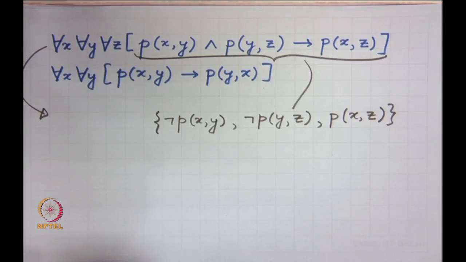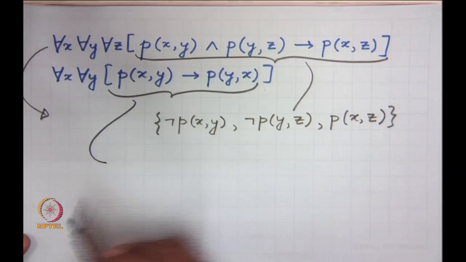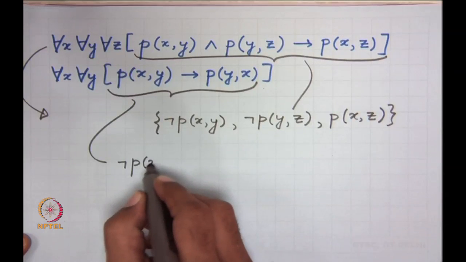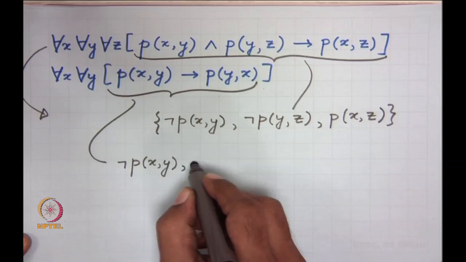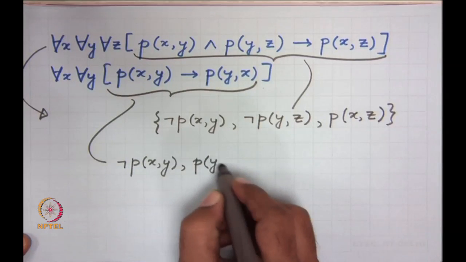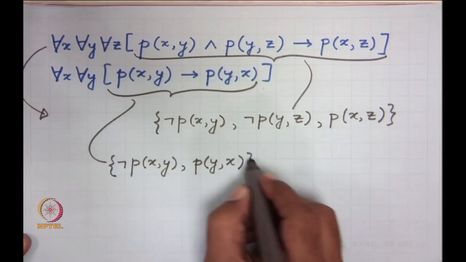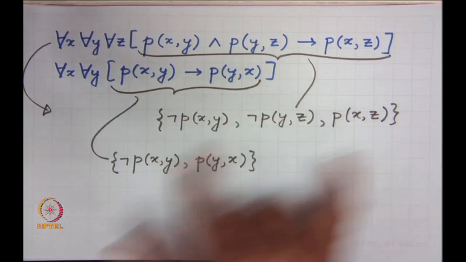And this one is just not p x y, comma, p y x. So, as a clause, throwing out the universal quantifiers, I get essentially these two clauses.